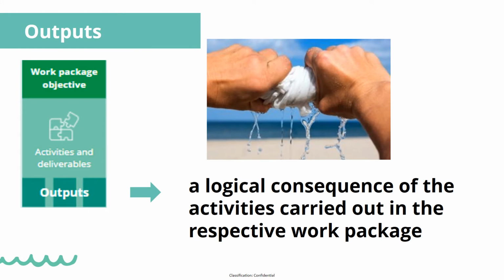Outputs must be defined on work package level, as we can see from the green overview on the left side of the slide. What are outputs? Outputs are the logical consequence of the activities carried out in the respective work package. There are two output indicators that you can actively choose.